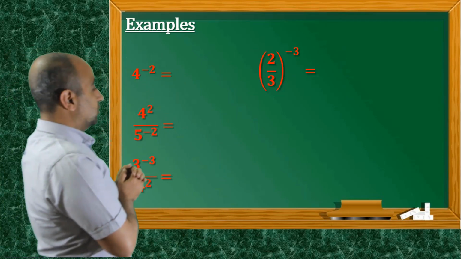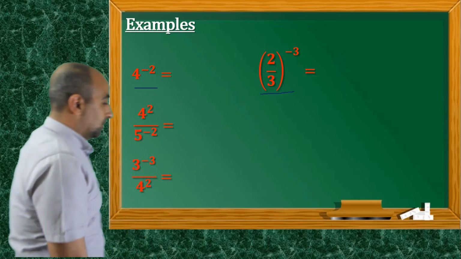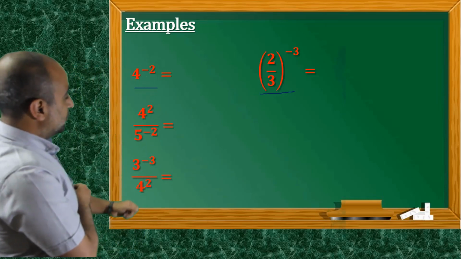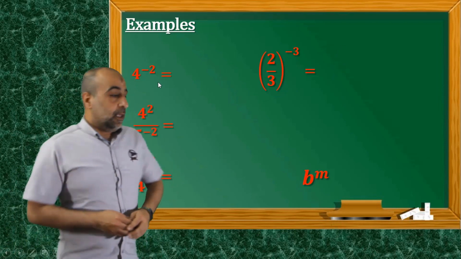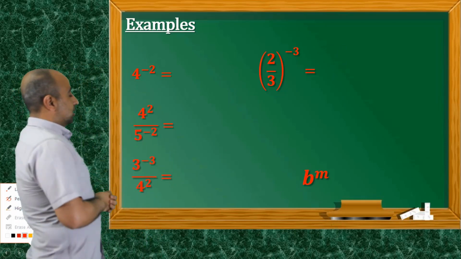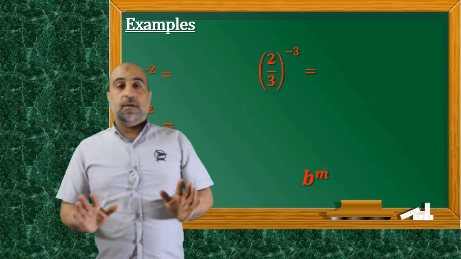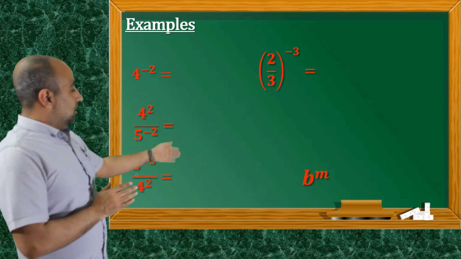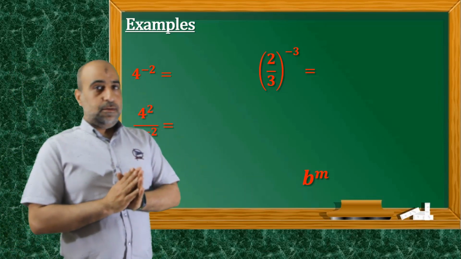4 to the power of negative 2, 2 over 3 all to the power of negative 3, 4 to the power of 2 over 5 to the power of negative 2, and finally 3 to the power of negative 3 over 4 to the power of 2. First, notice that in all the exercises, the bases are different.